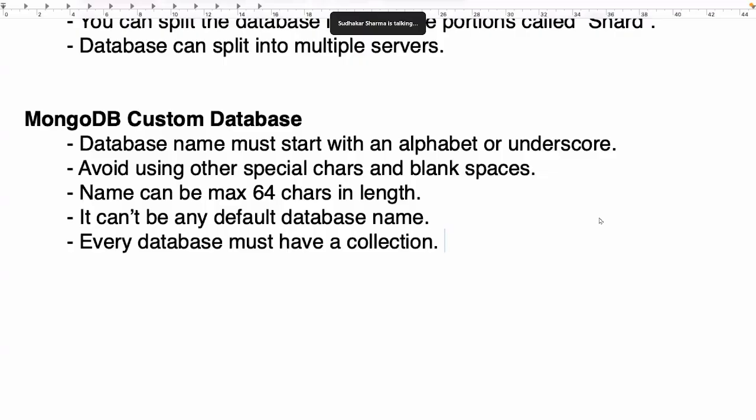Otherwise, MongoDB will not store the database. Automatically, it will not show in the list. It will delete it automatically once you close the Compass, your client tool. So make sure that the database has a collection. Collection means it should have one table inside.